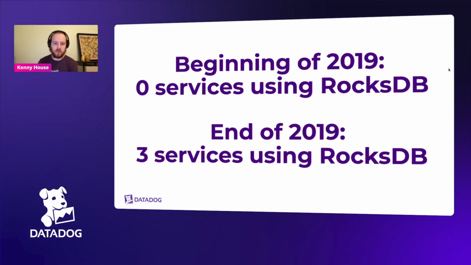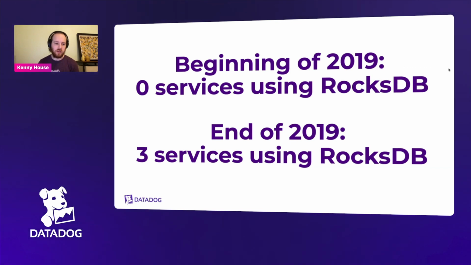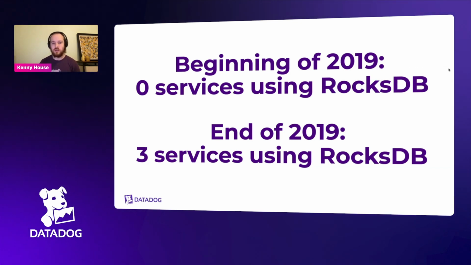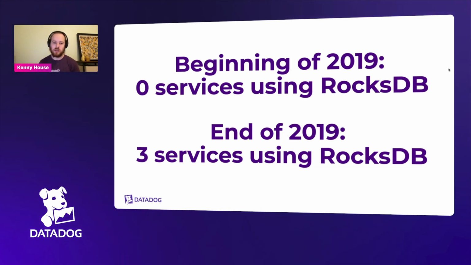Yeah, so for SketchDB, it was a little bit different because we were building SketchDB from the ground up, so we didn't have a prior code base to be working with. One of the things we factored in was we saw a lot of other teams getting more interested in RocksDB. It seemed well suited to these different problems that other teams were tackling that had some similar constraints, but were slightly different types of data.